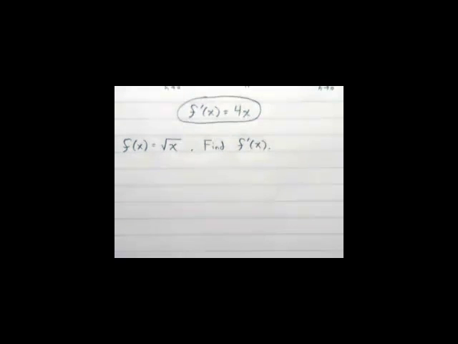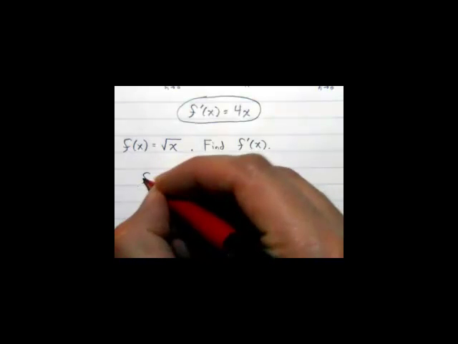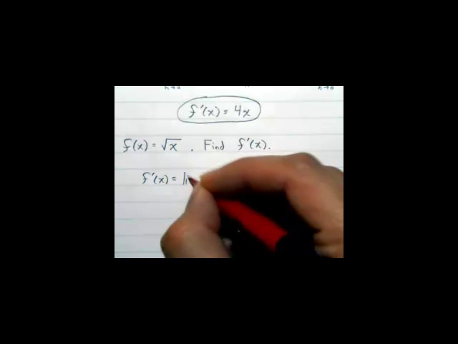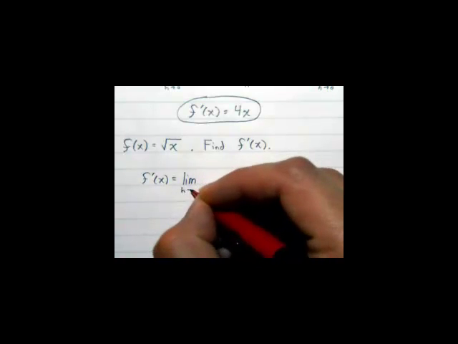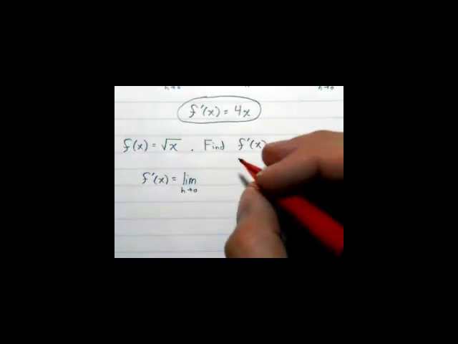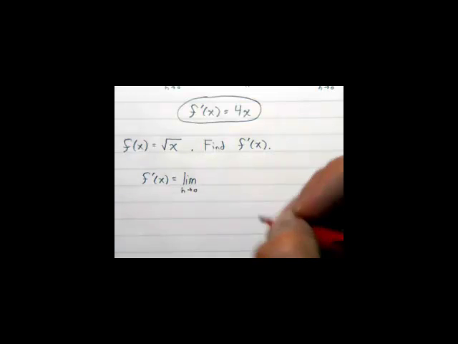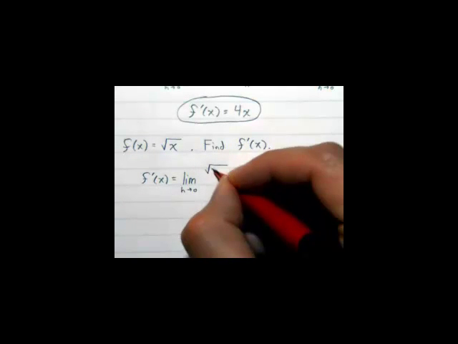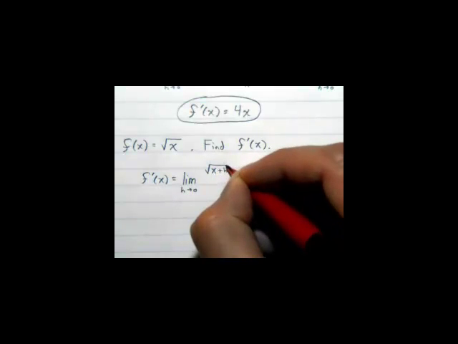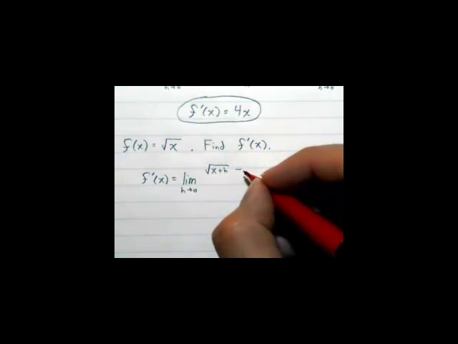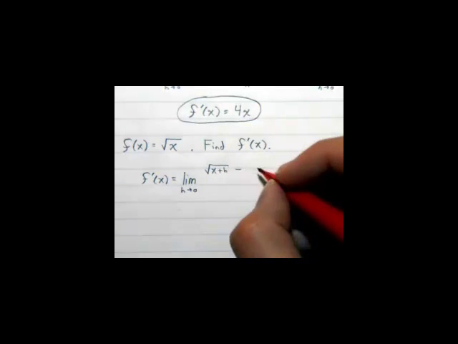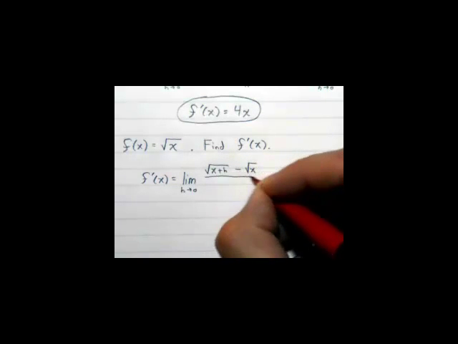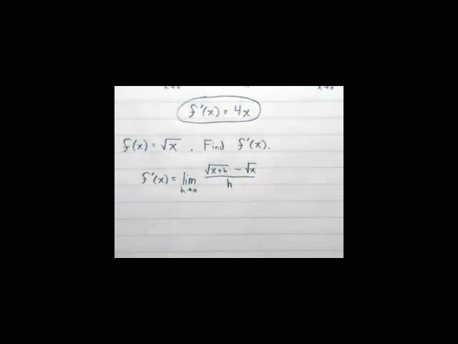Okay, so that definition tells us f prime of x is going to be the limit as h goes to 0 of f of x plus h, so the square root of x plus h, minus f of x, all over h.